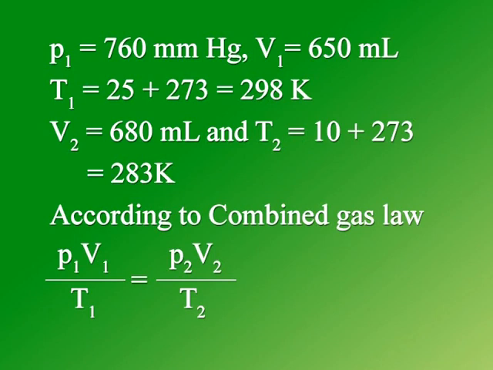According to the combined gas law, P1 multiplied by V1 divided by T1, which is equal to P2 multiplied by V2 divided by T2.